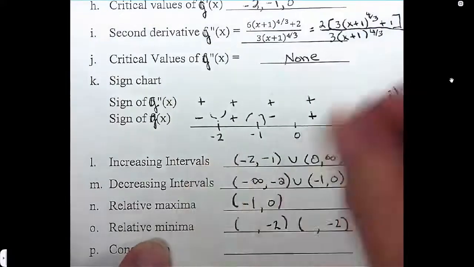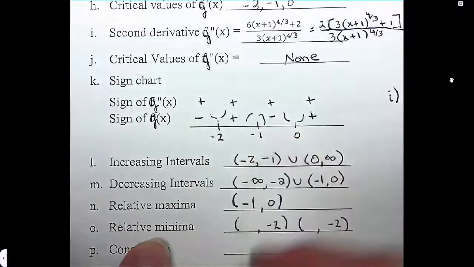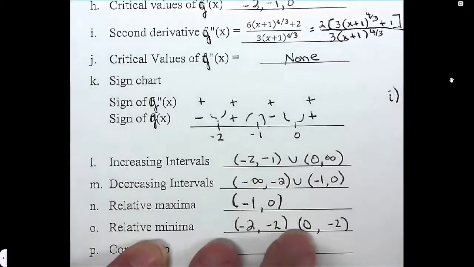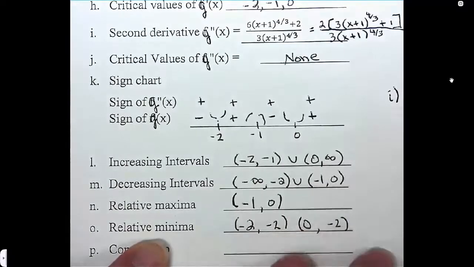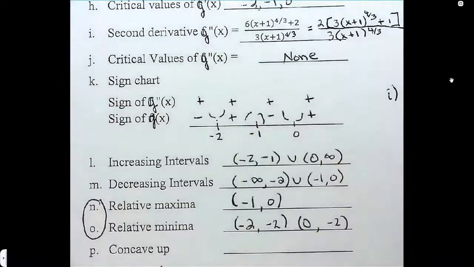The function goes from decreasing to increasing at -2 and decreasing to increasing at 0. So -2 and 0 are the x coordinates of the relative min. I've already plugged them in and found the y values. There's 3 more points we can graph.